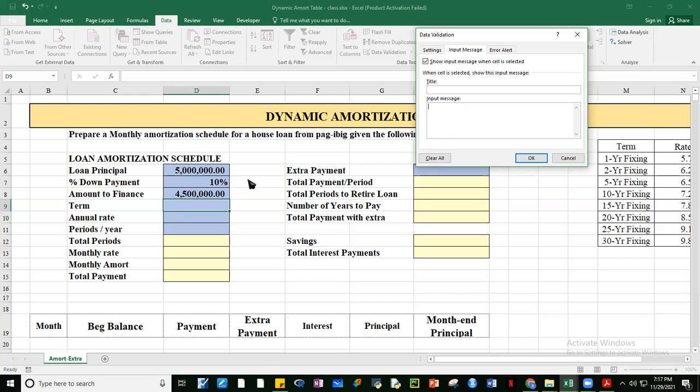The input message, guys: when you click this cell, this message will appear. You can put, for example, "choose only from the list." Then in the error alert, you can choose stop, warning, or information. Stop means it will not accept any wrong figure, just like what I did a while ago. If you recall, this was data validated, and when I typed Bob, it said invalid data.